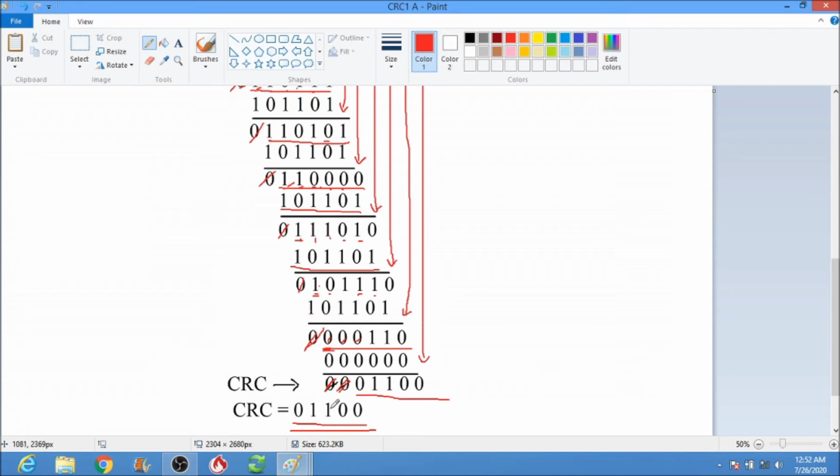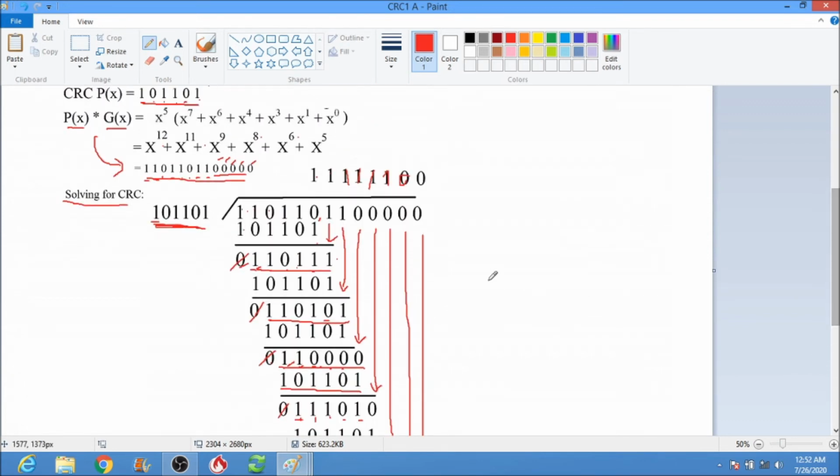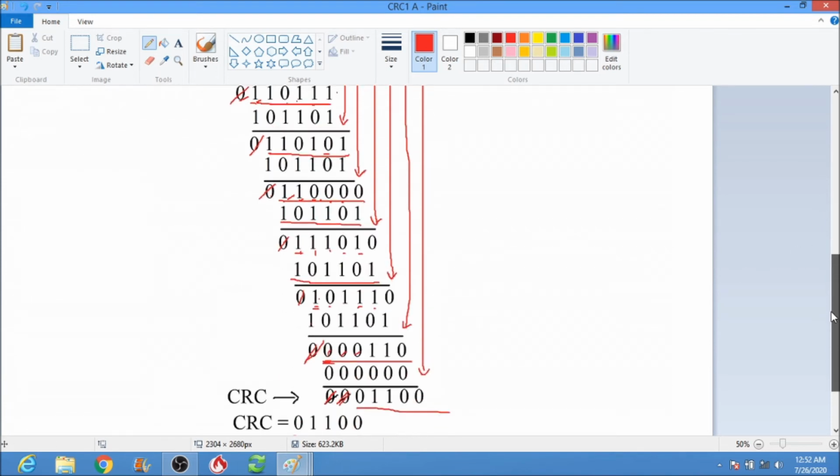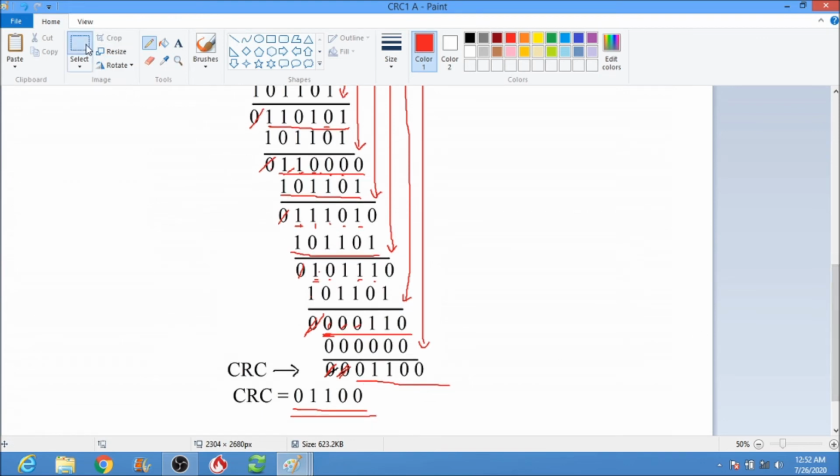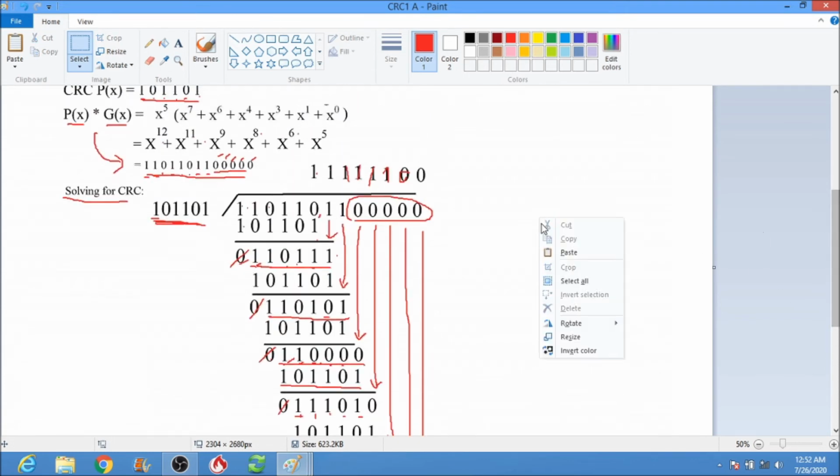Now, what we are going to do with our CRC, we will append this CRC to our data GX. So let's change this 0, 0 to our CRC. Copy, paste. So this will be now our data to be transmitted.